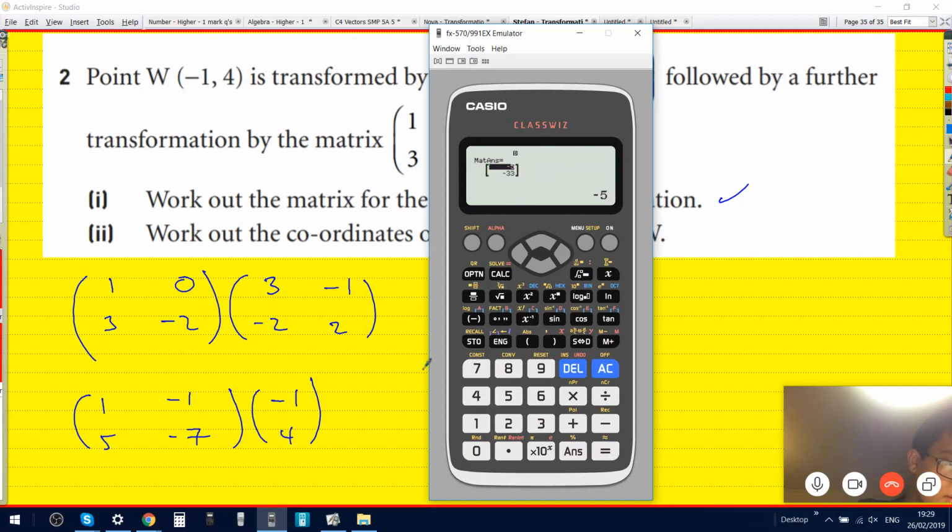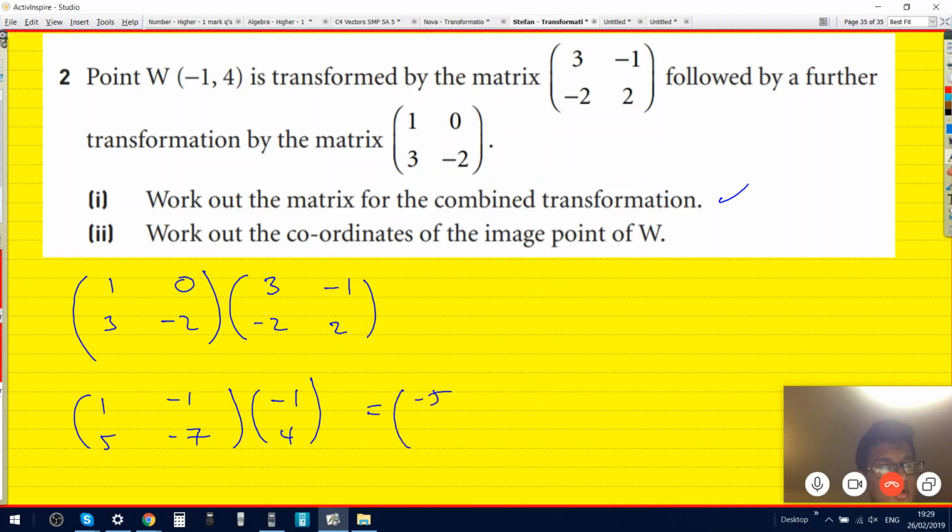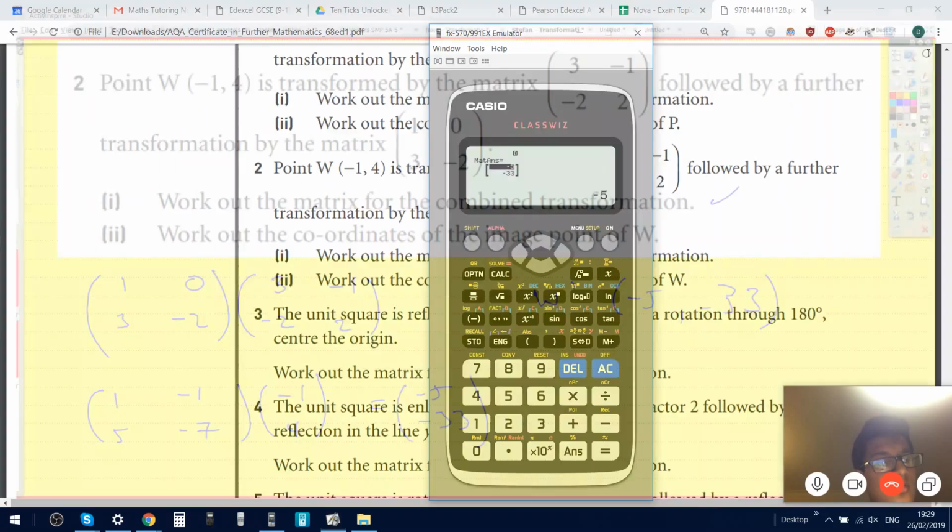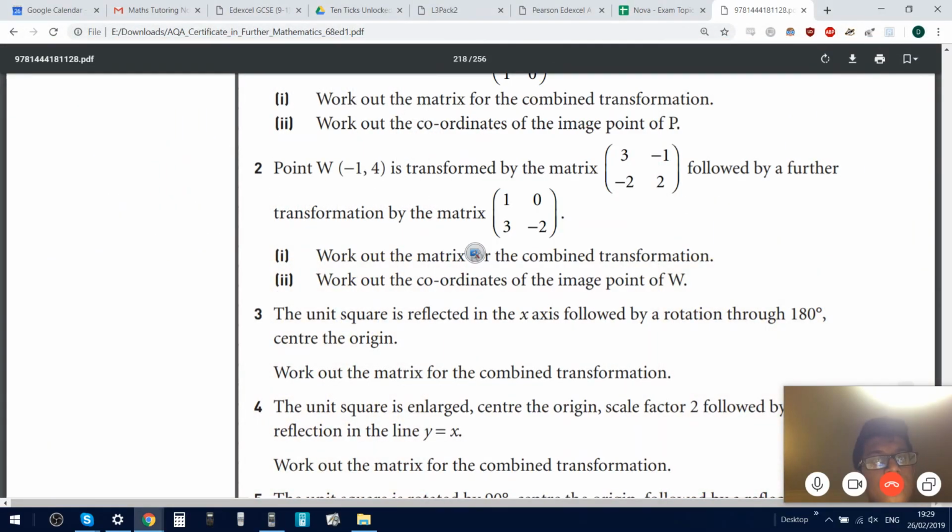Yeah. Okay, great. Minus 5, minus 33. Any questions there? We have to write this as the coordinate, so would that be minus 5, minus 33? Yeah. I think I've got the idea now. That's good. Minus 5, minus 33. And sometimes they'll often call it W dash or W prime. Right. That's the image.